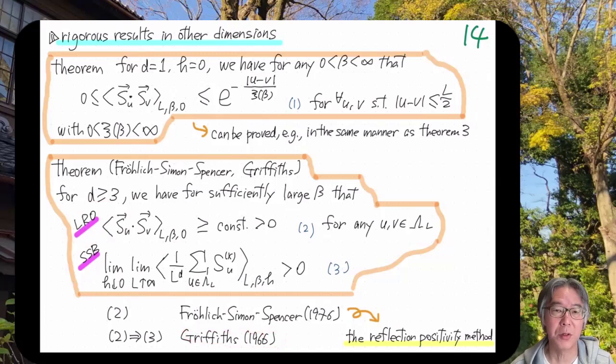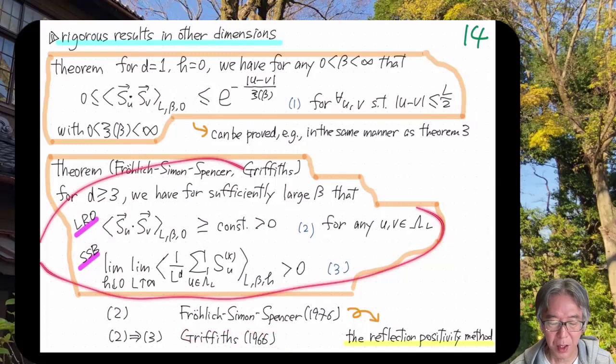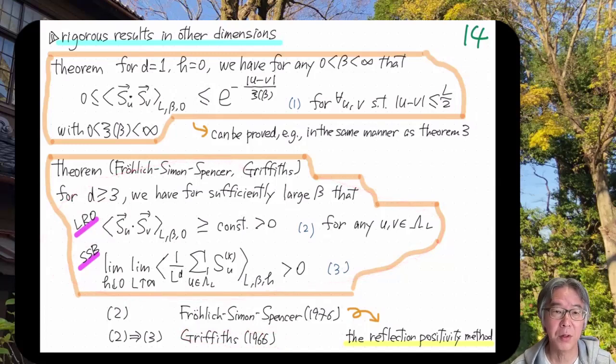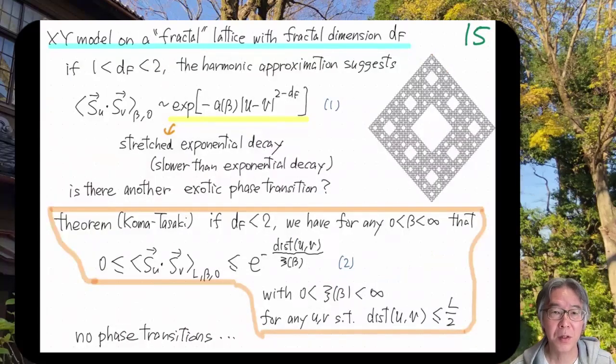So in 3 dimensions, everything is sort of standard, and we have ferromagnetic order at low temperatures. Dimension 2 is very special and, in a sense, very interesting. Here is another short story about dimensions between 1 and 2.